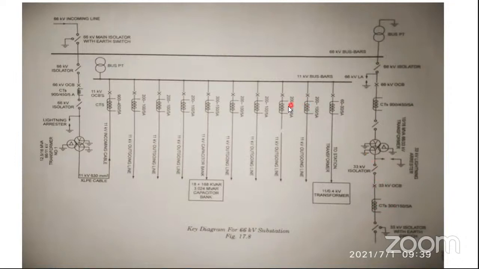So all the loads you observe here are being fed by 11 kV lines, but here the loads are supplied at 33 kV. So the 66 kV line coming into the substation is used to feed various loads operating at 11 kV, 415 V, and 33 kV.